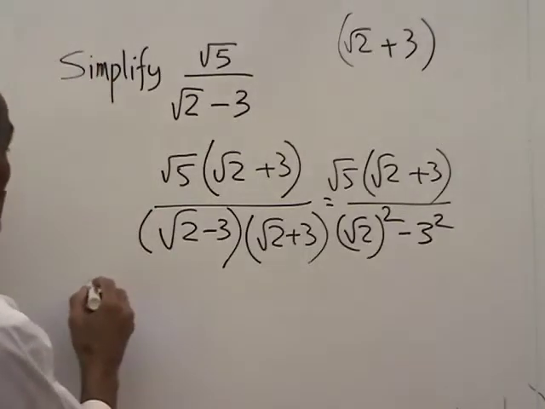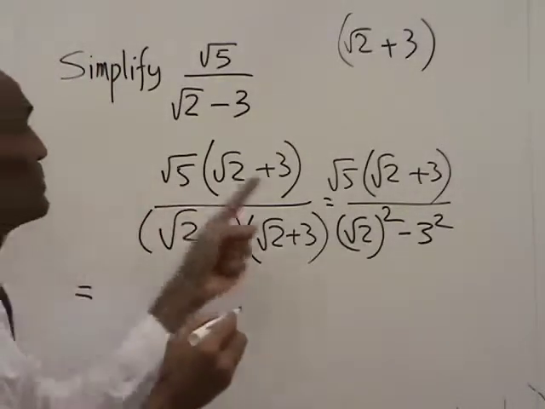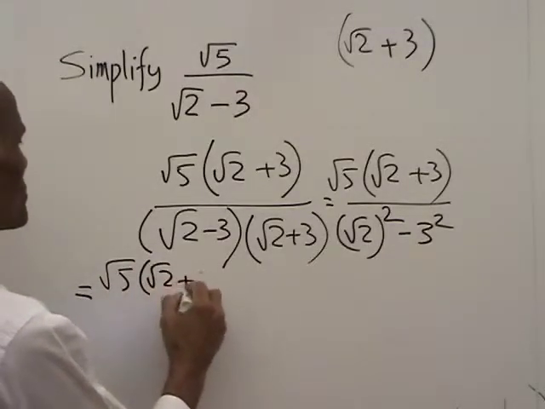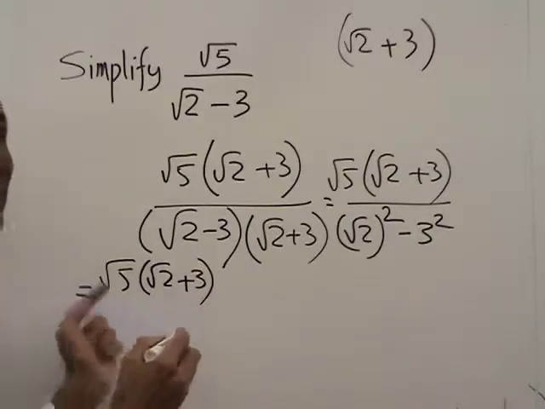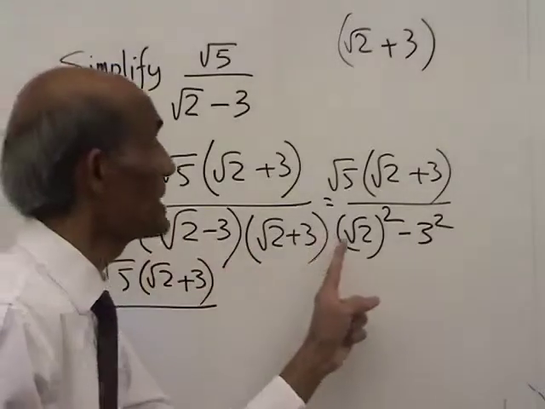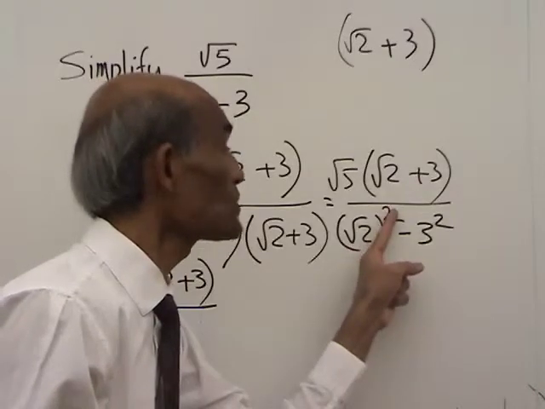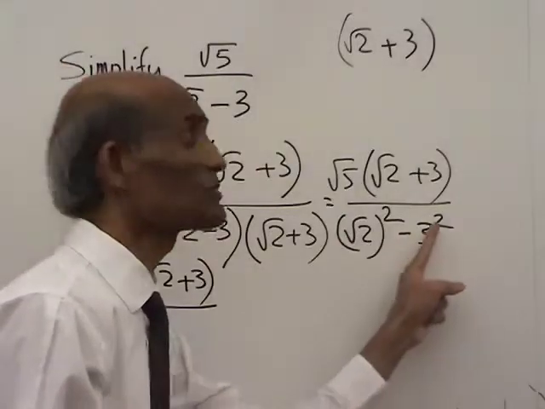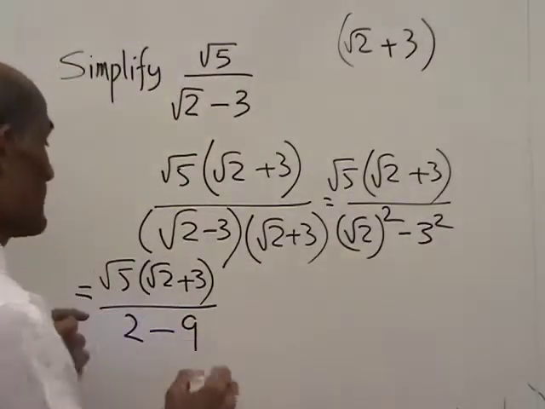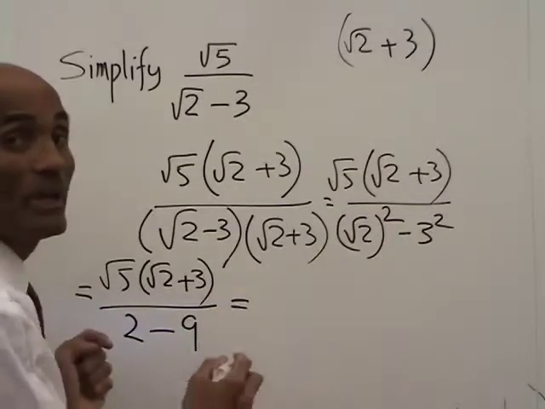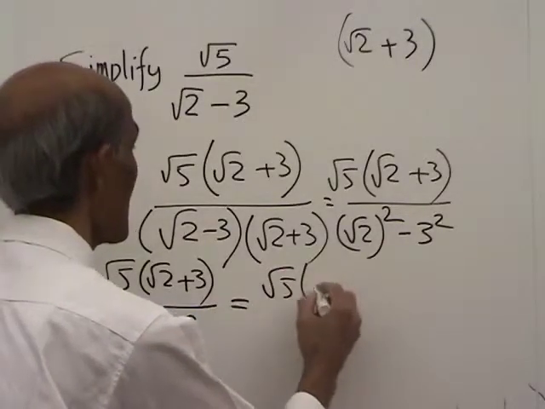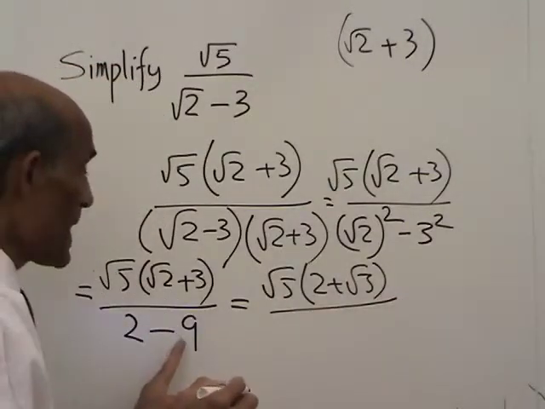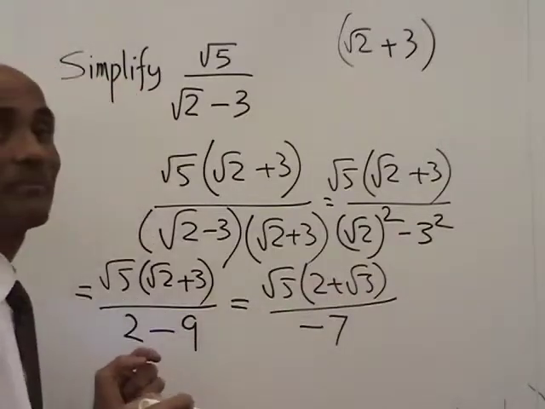Okay, and that will be equal to, I'm going to write it here now, the numerator is square root 5 times square root 2 plus 3, that's the numerator, divided by, what's the denominator? Square root 2 all squared is 2, minus 3 squared is 9, and that will be square root 5 times square root 2 plus 3 all over 2 minus 9 is negative 7.